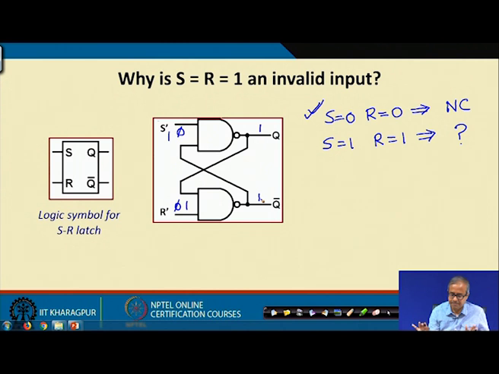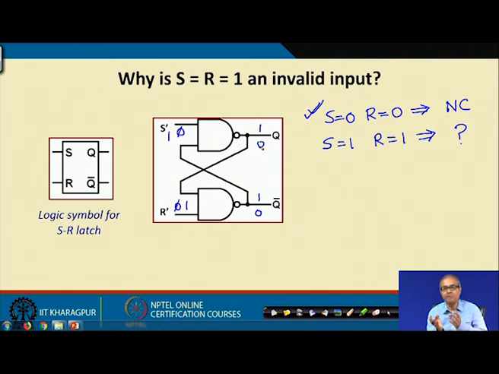Now, if I apply 1 1, you see this 1 and 1, this will become 0, this 1 and 1, this will also become 0. Now, if both these two gates are exactly of the same speed, then this 1 will be changing to 0 at the same time. Then again 0 and 1 will be 1, 0 and 1 will be 1, they will again change back to 1 at the same time.